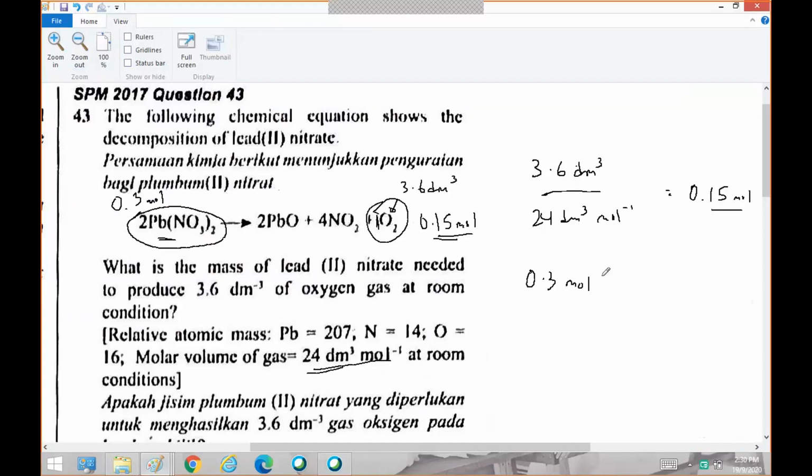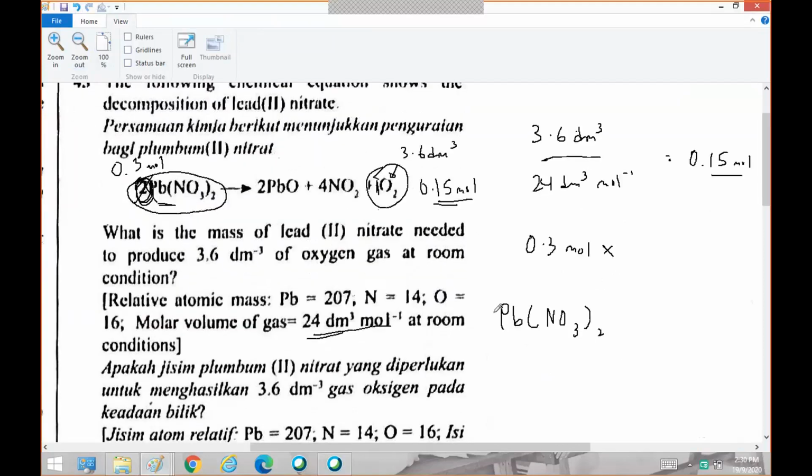The problem is I need to multiply this by the molar mass and we don't know what it is yet. So let's say Pb(NO3)2. Again, don't worry about this 2. It's just for ratio. Now we just want to calculate this thing right here. So lead is 207. Then you're going to add this with 2 over here, and then calculate that.